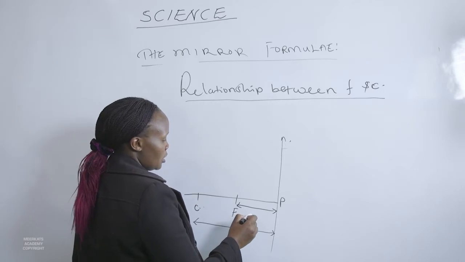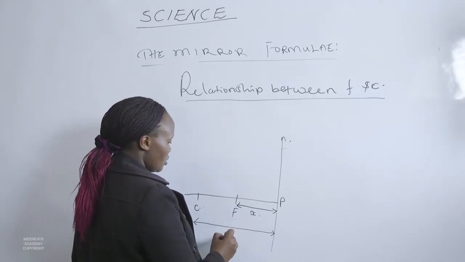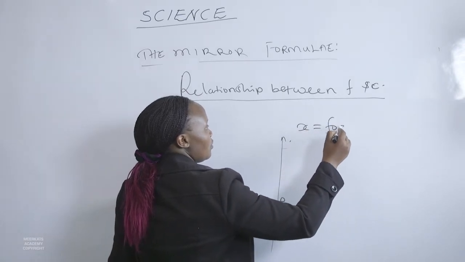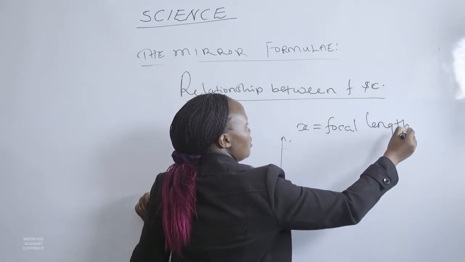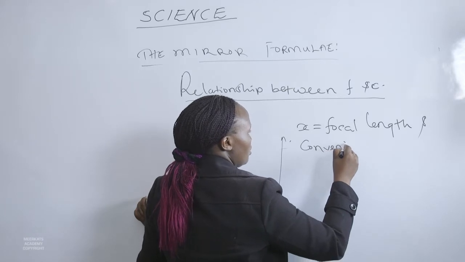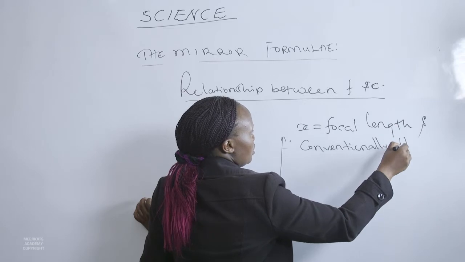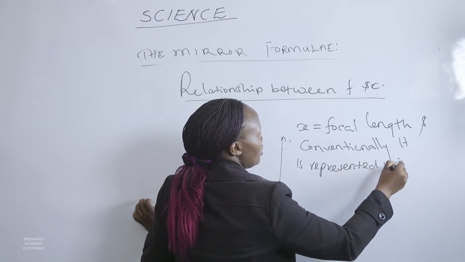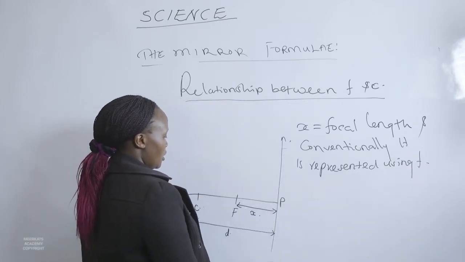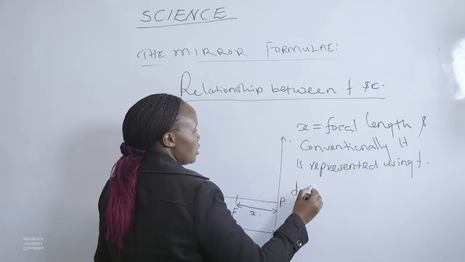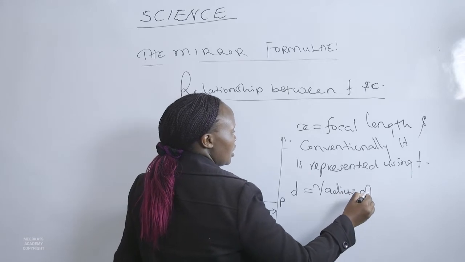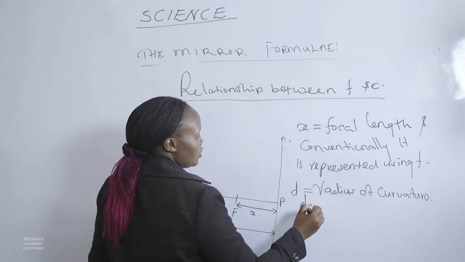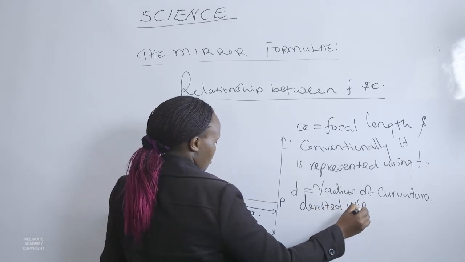This one, let me give it X, and this one I call D. Now, X is the focal length, and conventionally it is denoted using F. Again, we have D, which is the radius of curvature, and conventionally it is denoted using small r.